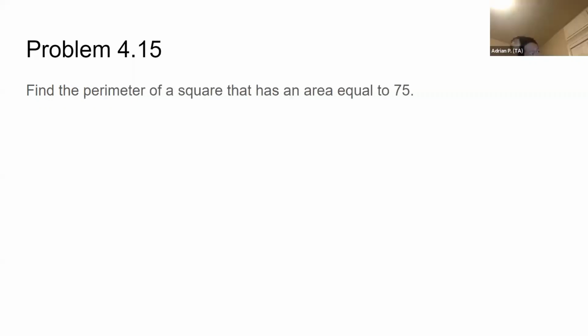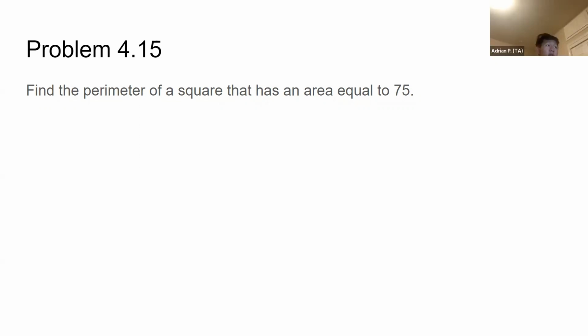Okay. Find the perimeter of a square that has an area equal to 75. 20√3.